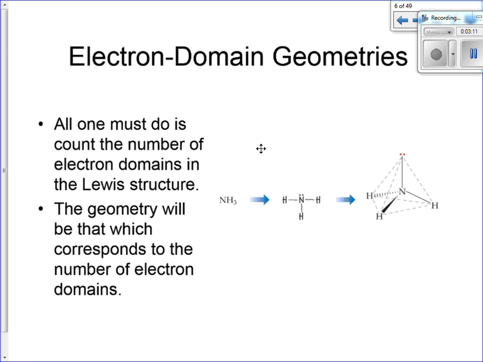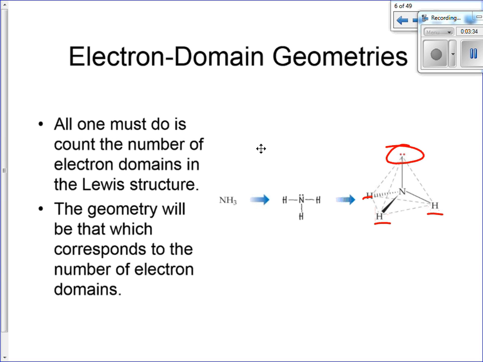For electron domain geometries, we know that ammonia has a trigonal pyramidal shape, but it actually belongs in the tetrahedral domain because it has 4 things around the central atom. 3 of them are the H's, and one of them is a lone pair. So it has 4 different electron domains around the central atom.